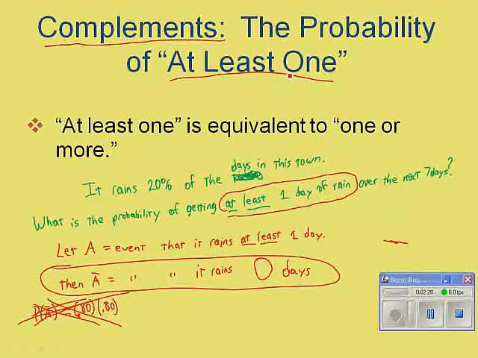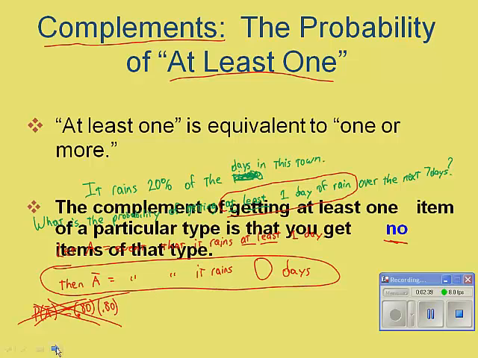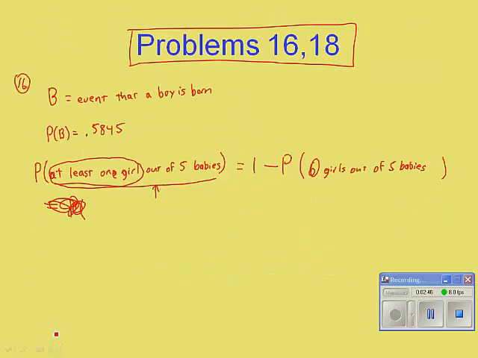The complement of at least one is none. Because at least one means 1, 2, 3, 4, or 5 in this case. But the complement of that would be none. Yeah, Scott? Yes, one girl or more. Right. That's right.